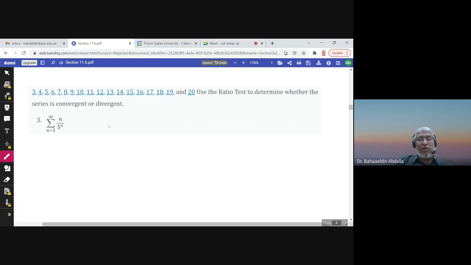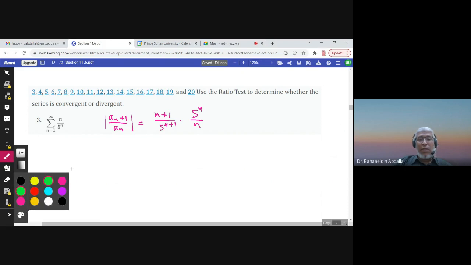Use the ratio test to determine whether the series is convergent or divergent. So let us find the absolute value of a_(n+1) over a_n. It is (n plus 1) over 5 to the power n plus 1, multiplied by 5 to the power n over n. There is no need for the absolute value. I can cancel 5 to the power n with 5 to the power n plus 1, and I'll have 5 remaining here.